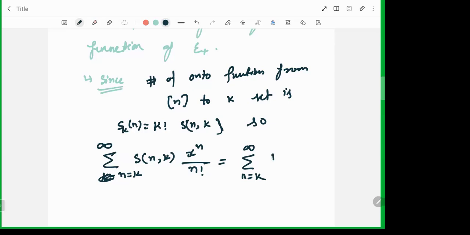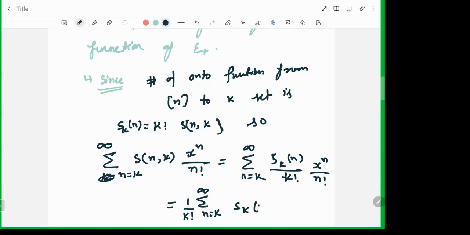So this is S(k,n) by k factorial, x to the power n by n factorial. So this is summation 1 by k factorial, you can take outside, n running from k to infinity S(k,n) x to the power n by n factorial.